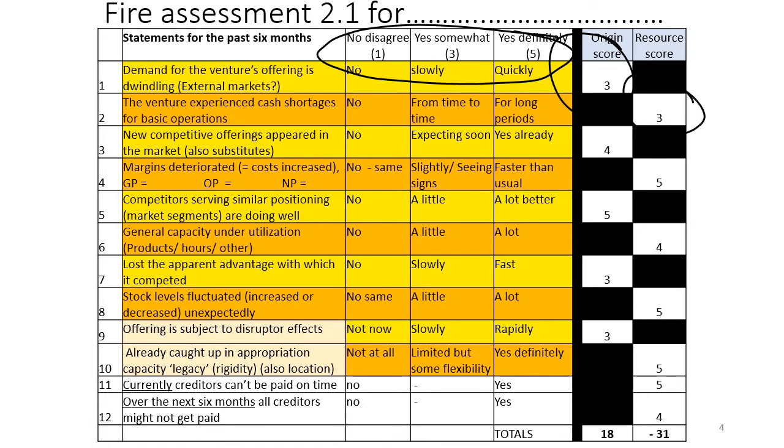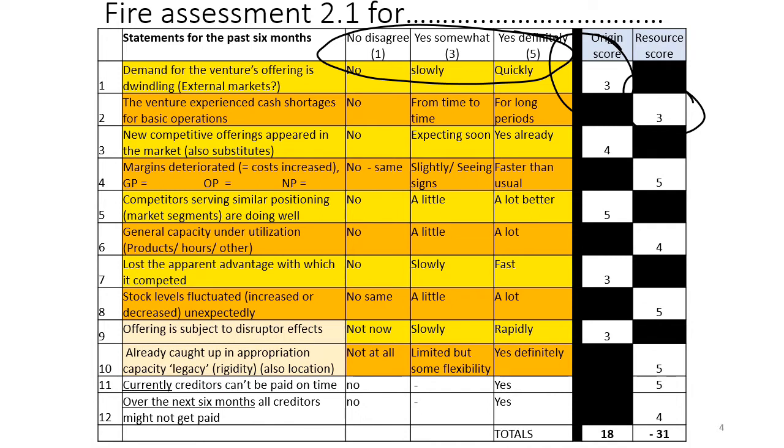Again, 1, 3, 5. Then number 9, offering is subject to disruptor effects. Now there are many disruptors in the market, like online, things that we do differently in the market. Supply chains are changing. How is that influencing your business? Very important one, number 9. Not now, slowly or rapidly.